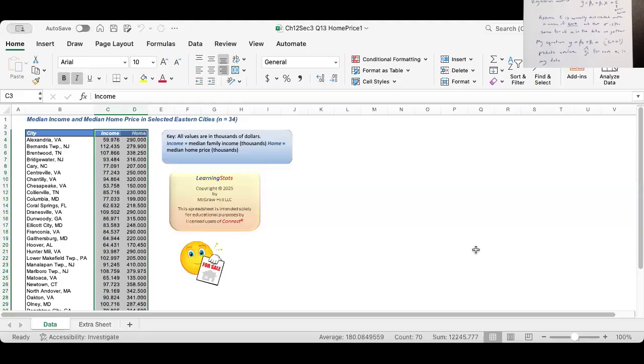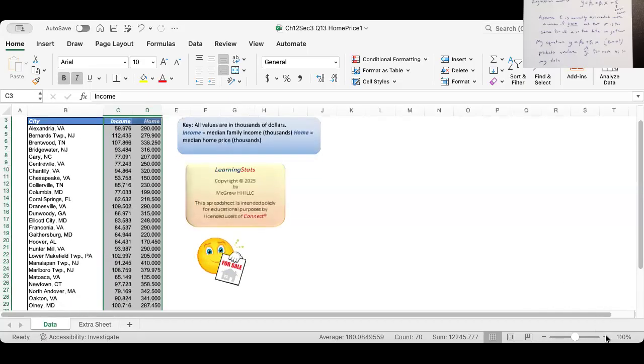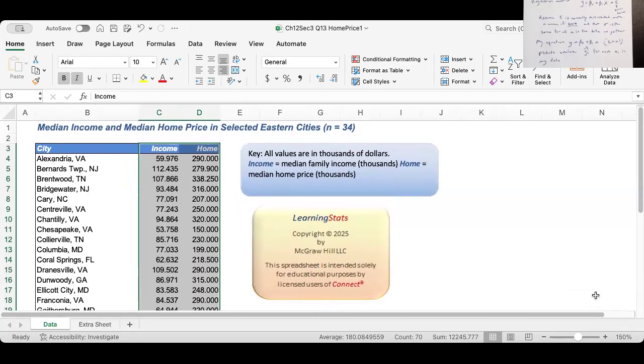Here is that set of data about median home price. But notice, we're looking at home prices now, not against square footage. We're looking at home prices against income level. I go to a city, I ask, what's the median income in this city? I go to the payroll information, I go to tax records.